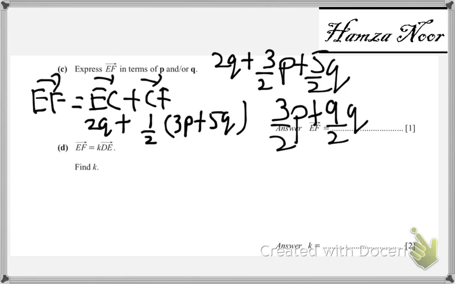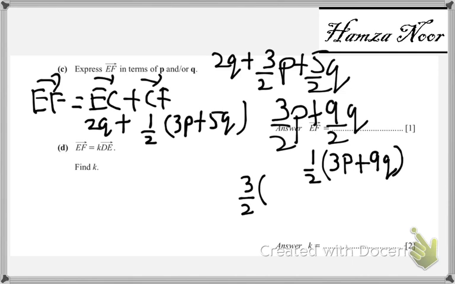This can also be simplified: if you take 1 over 2 as common, so 3p plus 9q, or you can also take 3 over 2 as common: 3 over 2 times p plus 3q. You can write your answer in both ways.